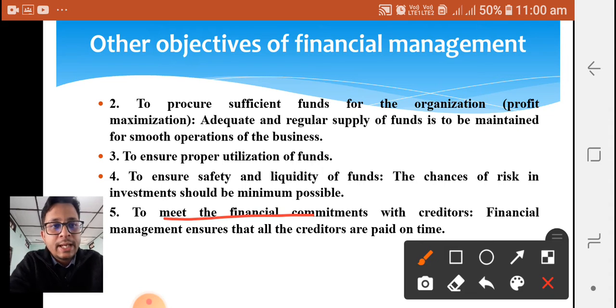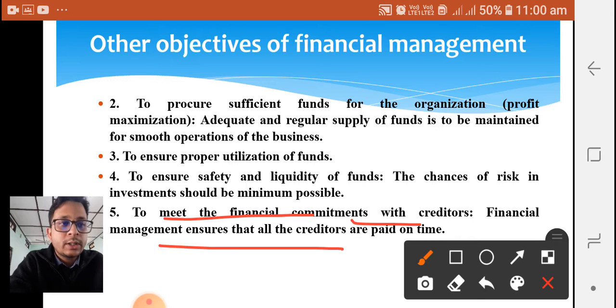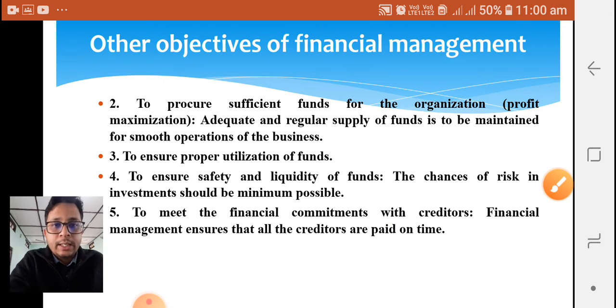Come to point number 5: to meet the financial commitment with the creditors. Financial management ensures that all creditors are paid on time. Equity shareholders are the riskiest people. Usually the equity shareholders are the owners, and whatever amount of money they contribute to the firm is one of the riskiest.